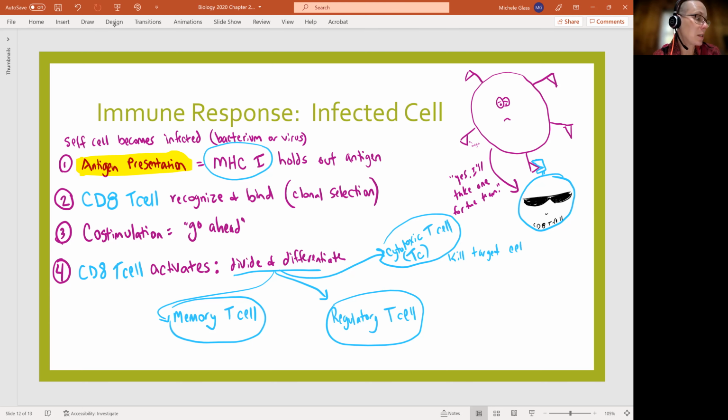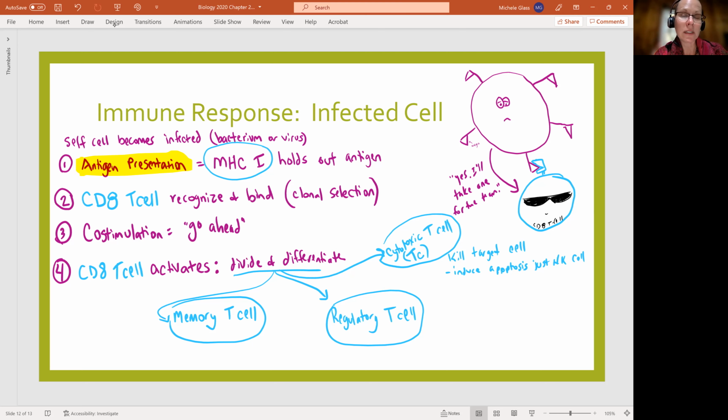And it's going to do this basically by inducing apoptosis, just like the NK cell when we looked at immunological surveillance. So remember, that means the NK cell was releasing the perforin to poke holes in the membrane of this cell, and then also the granzyme to digest that cell.